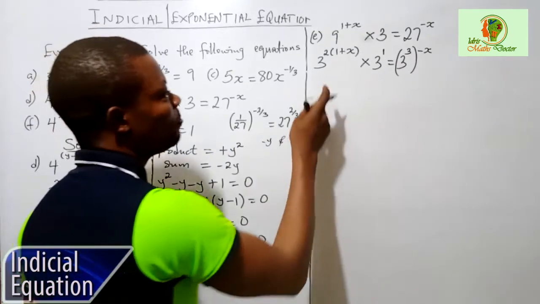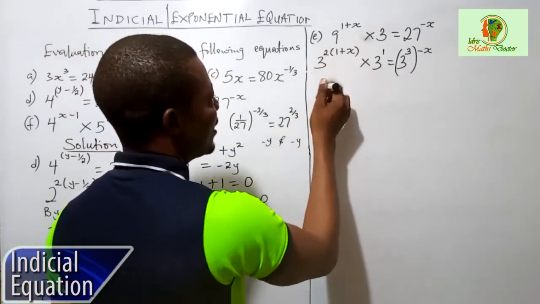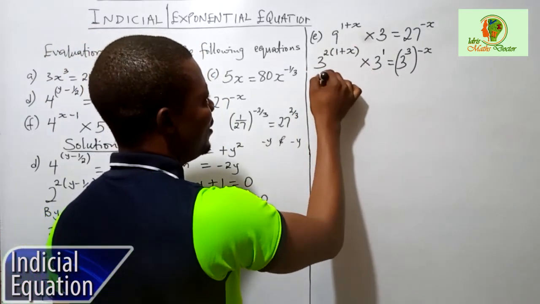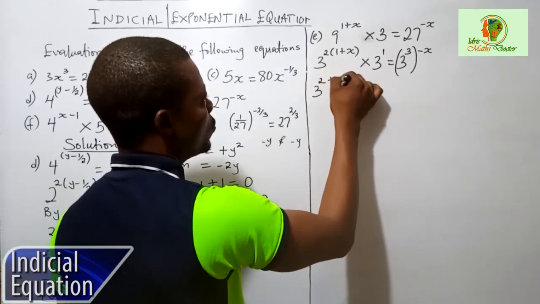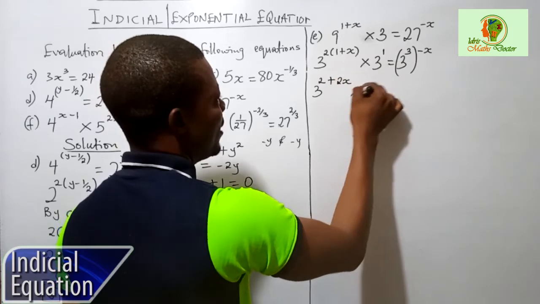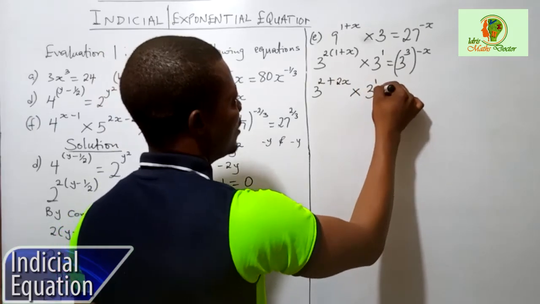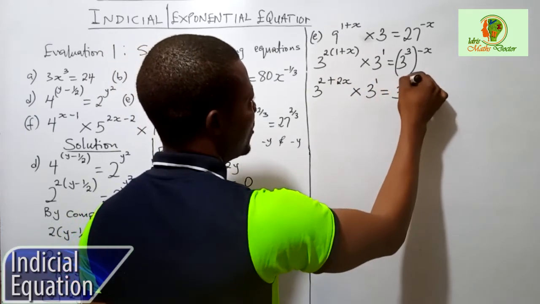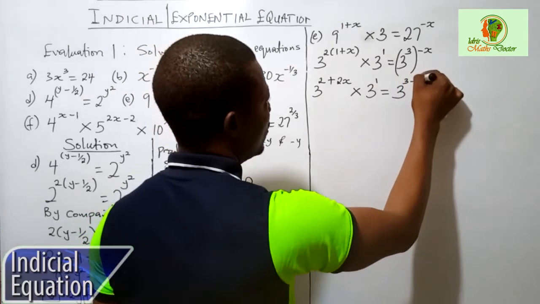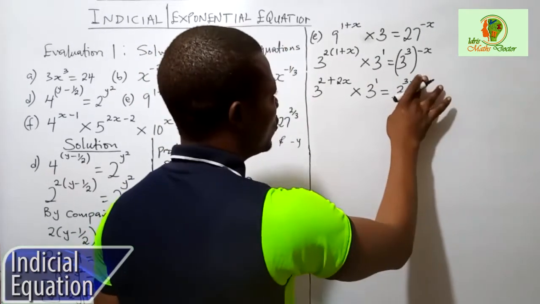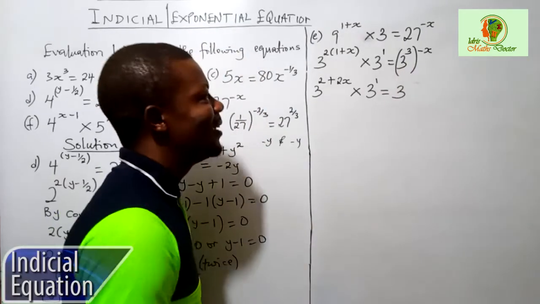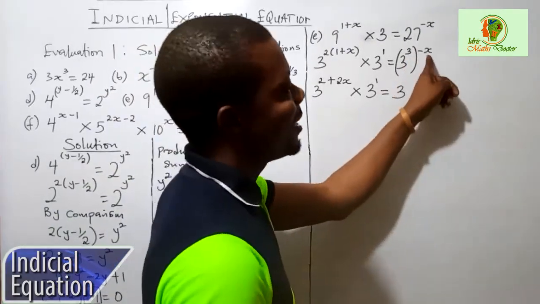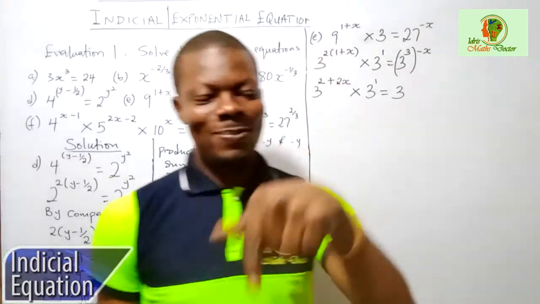So if we open the bracket here, we are going to have 3 raised to power 2 times 1, which is 2, plus 2x, multiplied by 3 raised to power 1, equal 3 raised to power 3 times minus x. You see, I'm so excited. We are going to multiply the powers.